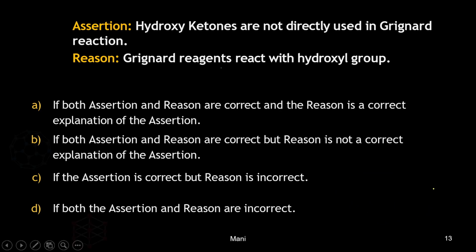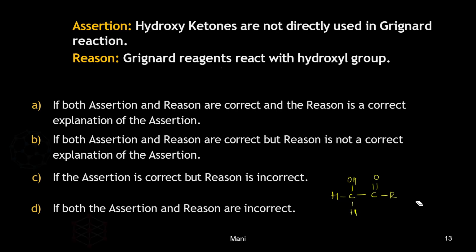Okay, so what happens if it reacts with the Grignard reagent? See here, if you take the hydroxyketone, let's take an example. So this is called alpha hydroxyketone.